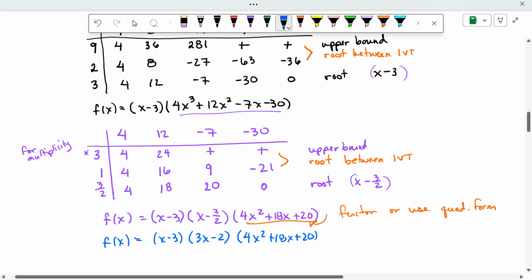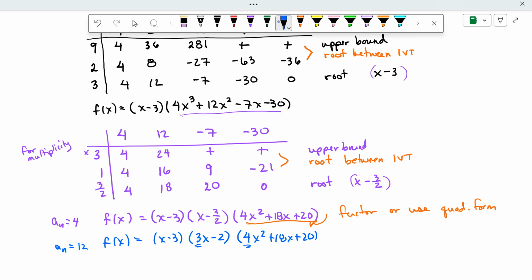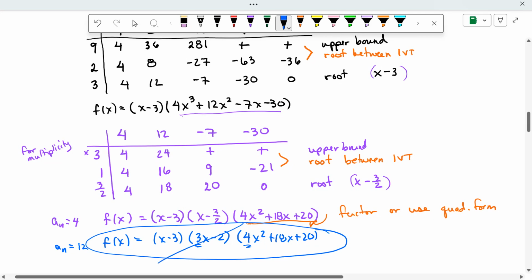That is not an equivalent polynomial because the purple polynomial has a leading coefficient of 4, and the blue polynomial has a leading coefficient of 3 times 4. Those are not the same polynomial. So don't do this. I take off too many points.